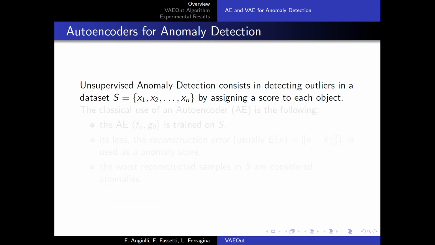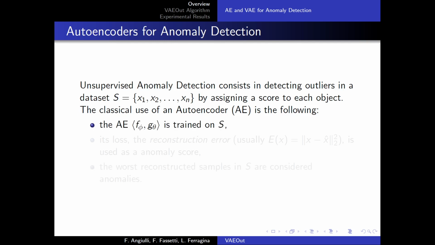The context of our work is unsupervised anomaly detection, that consists in, given a dataset S, detecting outliers in it by assigning a score to each object. The classical use of an autoencoder in anomaly detection is based on this simple paradigm.